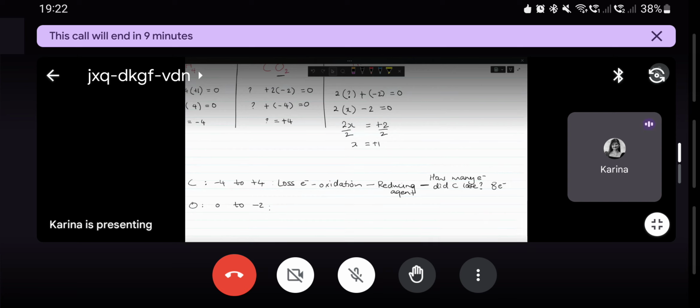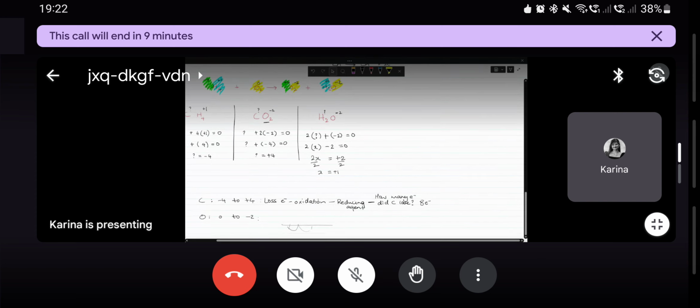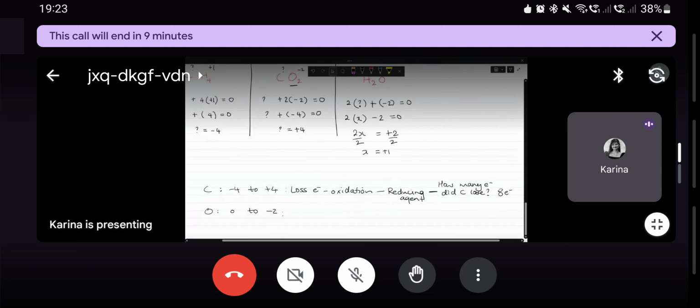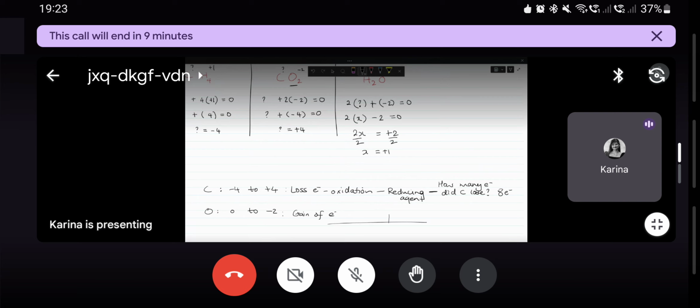And then the next one, if we look at oxygen, this is going from being 0 to -2. So in this case, this would have gained electrons. And a gain of electrons, why? Because we're getting more negative, okay? If we look at the number line, we are going backwards now, right?